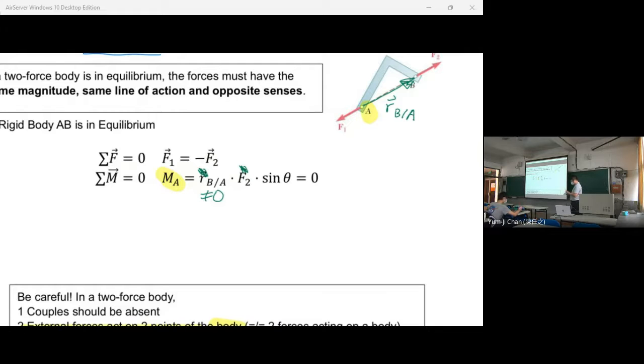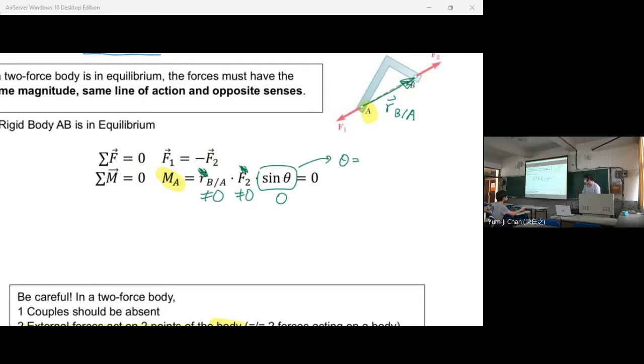F2 has a force because F1 is equal to minus F2 and they have the same magnitude. So this one does not equal 0. So we have sine theta equal to 0. Which means theta is equal to what?